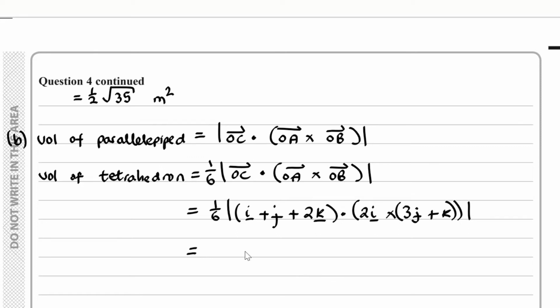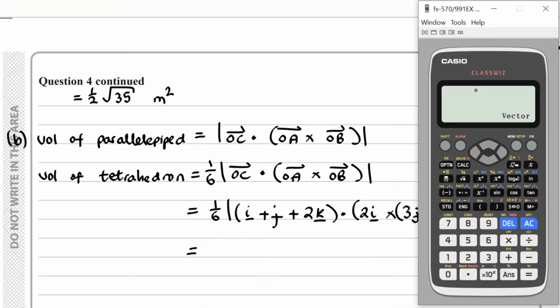If we work this out, first of all, going back to defining our vectors, we have OA, which is equal to 2, 0, 0. We have the vector B, which we can now define.